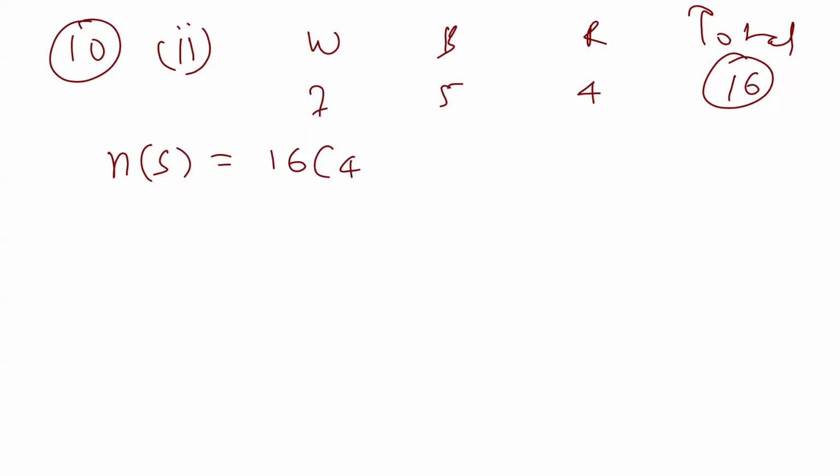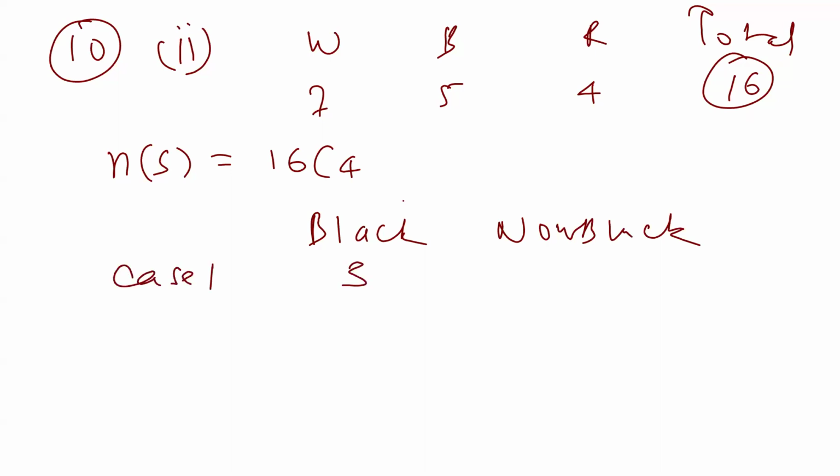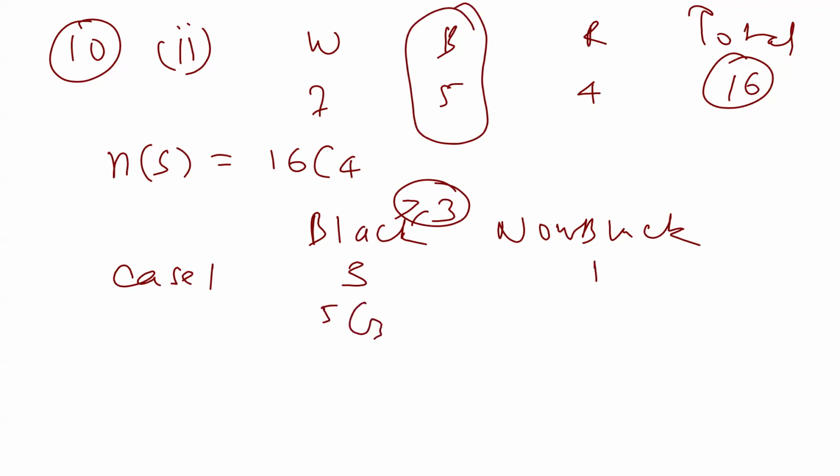At least 3 are black, so black and non-black. Case 1, at least 3, that means greater than or equal to 3 are black. So out of 4, if 3 are black then one will be non-black. So this can be done in, black is 5C3 into 11C1.